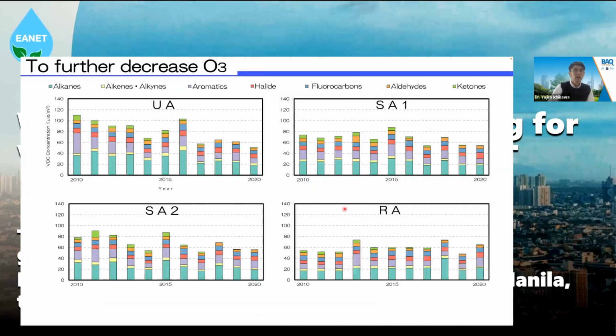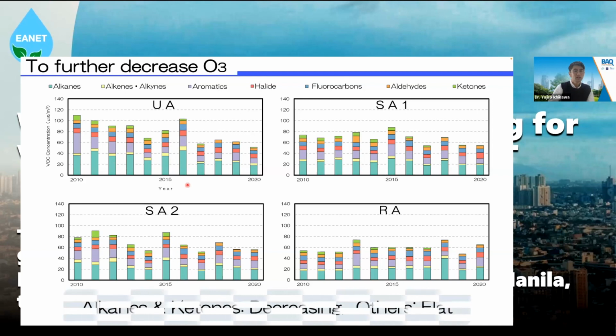In order to further decrease ozone concentration, there is something that I can say from the results of our multi-VOC component observation study. This figure shows the stacked bar chart of VOC component groups at each site from year 2010 to 2020.